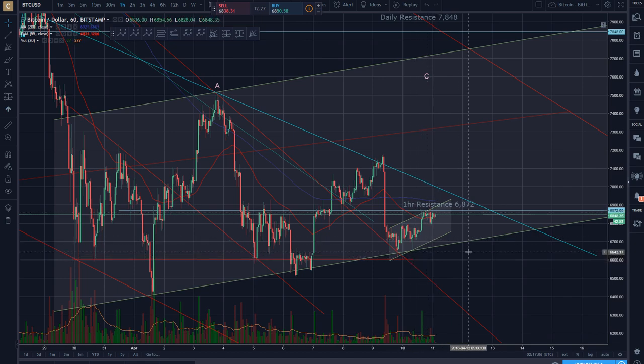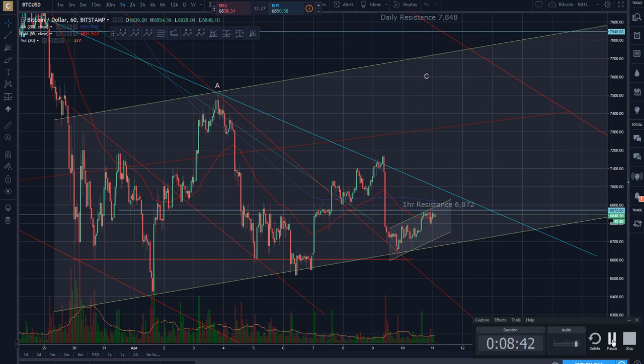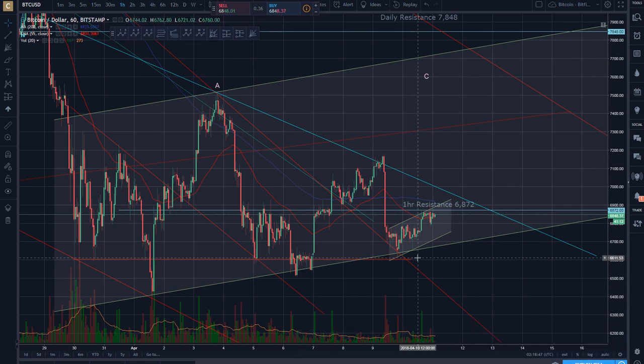And actually, hold up one sec here. All right, I had to go back. It was bugging me. When did we draw this? It was right about here. Okay, right about here. This 1-hour resistance level, 6,872, was drawn right here. But you could see the significance of it, over here, over here, over here, and clearly the market has stopped basically right at it. Okay, right now the 6,872.